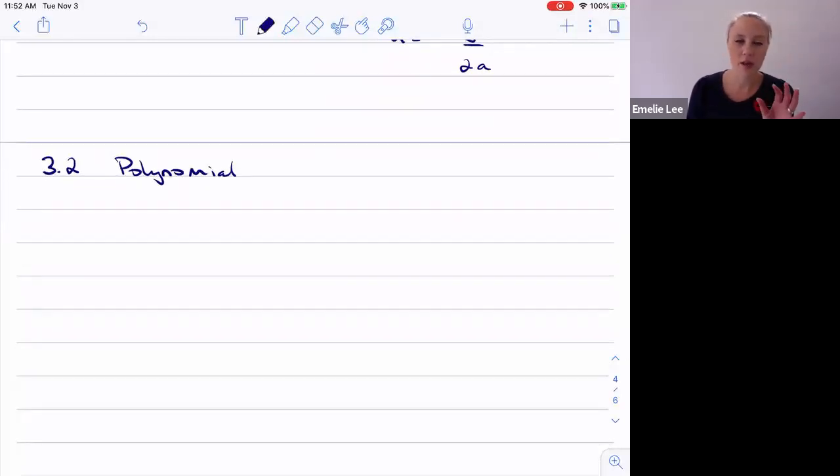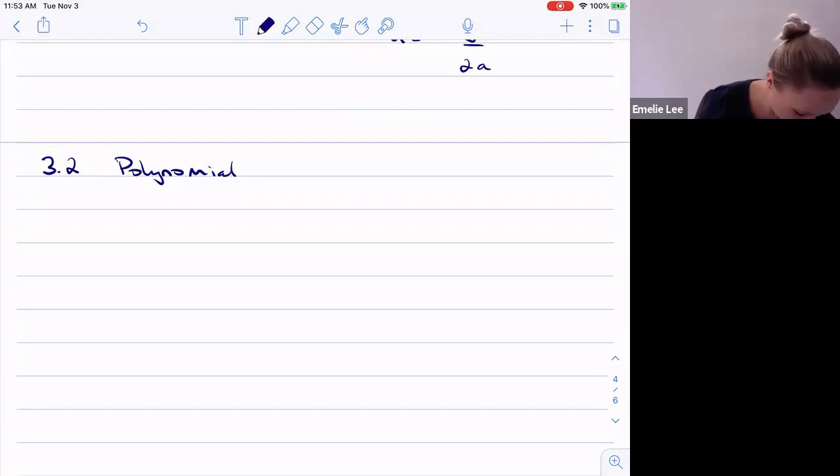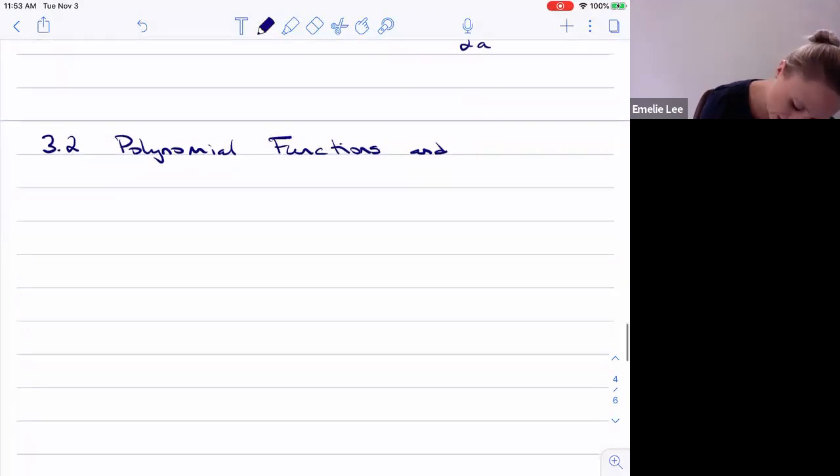We're going to focus on just talking about polynomials, developing terminology around polynomials that we'll need. The graphs that we're going to focus on are in 3.1 and 3.6. So this one, I'm just going to cover what we need, nothing that we don't. Polynomial functions and their graphs.